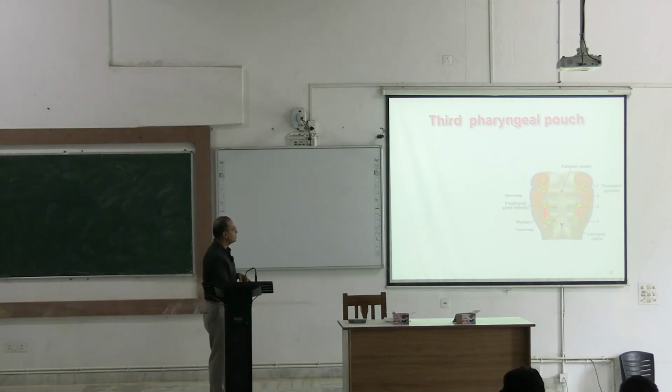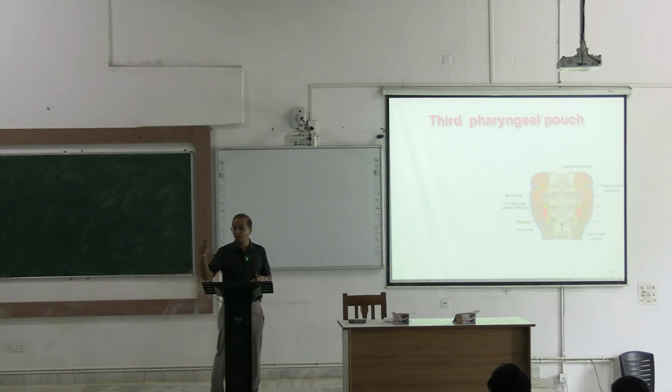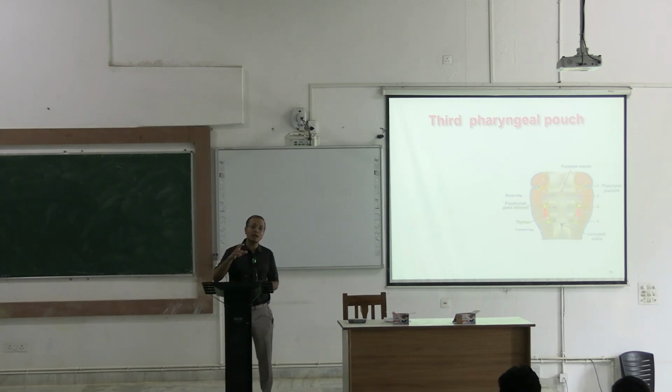And then we have this blue one, which is the interesting one. We call it the ultimobranchial body. Now, the thyroid gland gives rise to two kinds of hormone: thyroid hormone, and along with that another hormone called calcitonin. In a thyroid gland there are two types of cells, the follicular cells, and by the side of them the parafollicular cells.